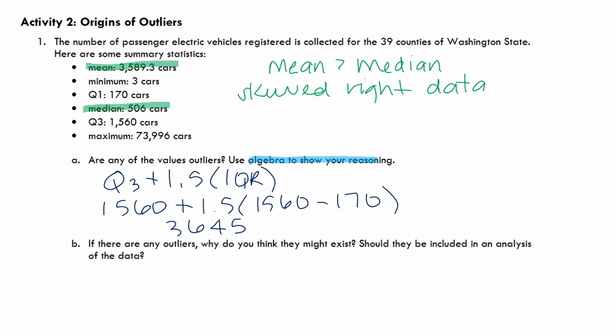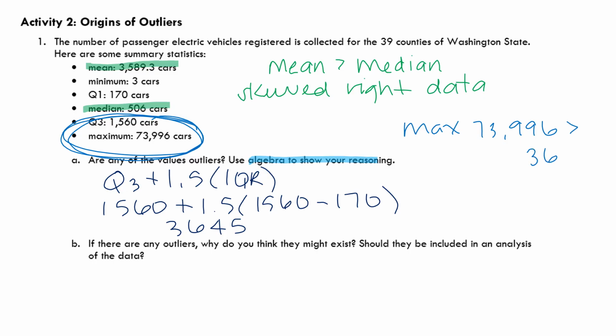What that 3,645 tells me is that if I go back and look at the maximum, the maximum number of my data is 73,996, which is greater than what I just found for 3,645.